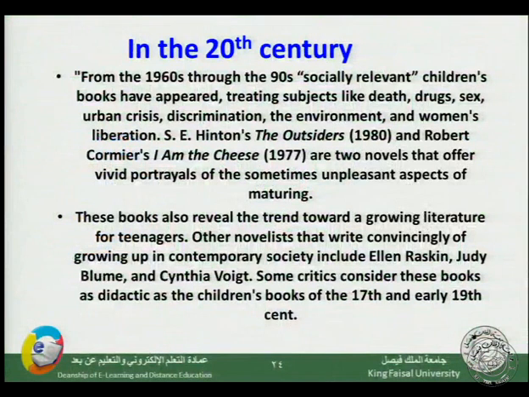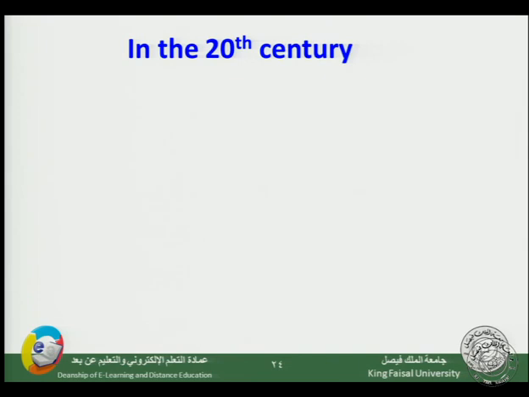In this lecture, we have concentrated on one very important thing. In the history of children's literature, you have various stages, starting from the year 1600. From 1600 onwards, the stress was on moralizing, on preaching, religious preaching, right?